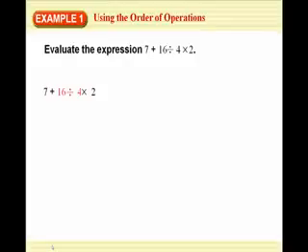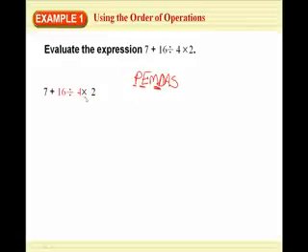Alright, so let's look at example number 1, which is at the bottom of page 8. It says evaluate the expression 7 plus 16 divided by 4 times 2. Well, I always use PEMDAS as a guide. There are no parentheses, there are no exponents, there's multiplying and dividing, so we go in order from left to right.